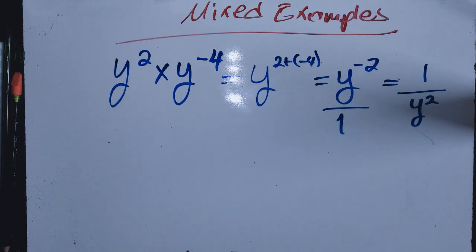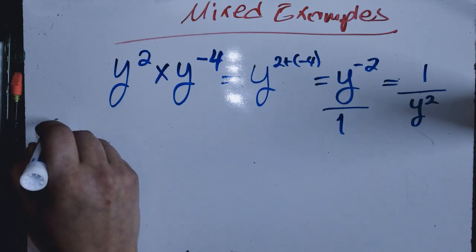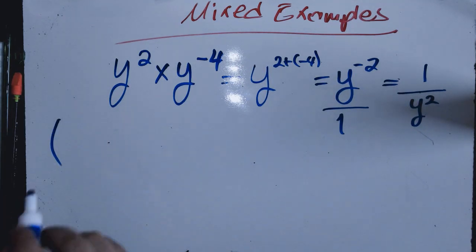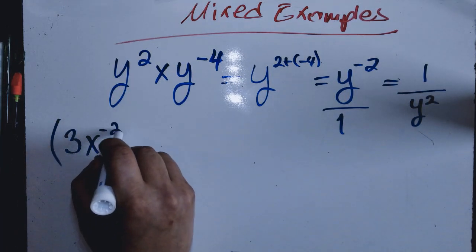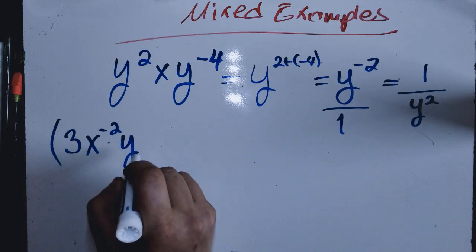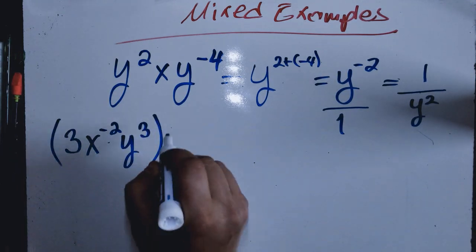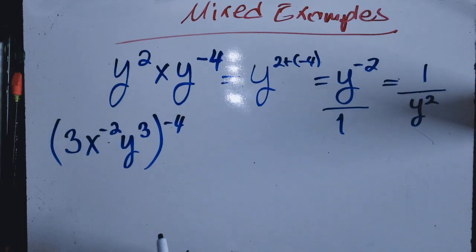Let's do a little bit more complicated example. More numbers. The moment you see parentheses, think about the power of a power rule. And y to the third, all to the negative 4 power. The first thing you should be doing is simplifying this.